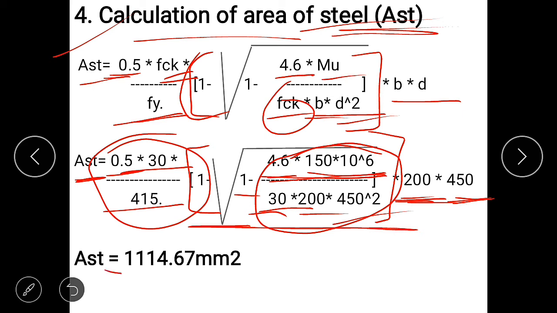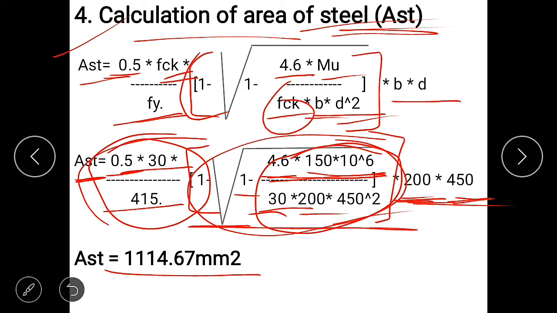So we get this answer: Ast is 1114.67 mm square. On the calculator, every time the answer is different, so solve by using this method. Firstly solve the under root bracket, after that multiply this, and after that solve this. Okay, so you get the correct answer. Ast is 1114.67 mm square.